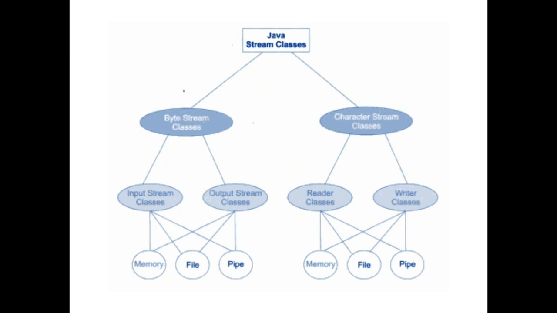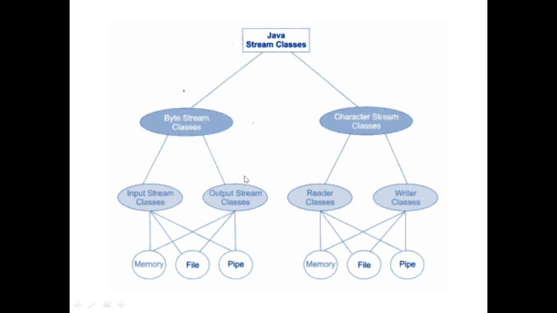Now, as you can see in the following slide, I have depicted the two main basic streams. The first is the byte stream class, and the next one is the character stream class. In both of these streams, we have a type of input stream: in the byte stream class it is called the input stream class, and in the character stream class it is called the reader class.